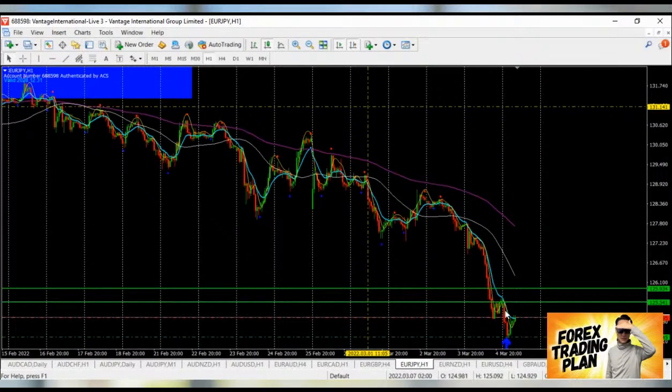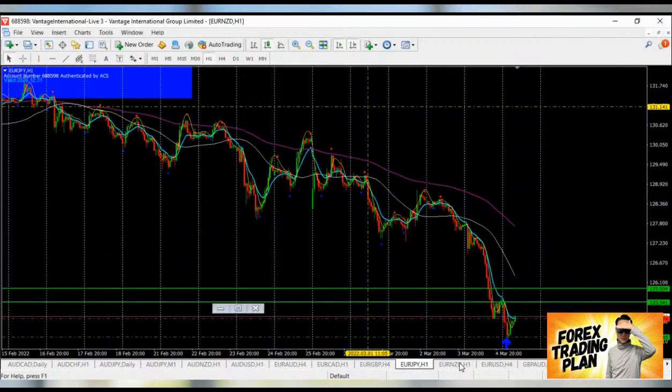If not, the next higher level before the bull zone is about 125.541, which will be another resistance level. So let's monitor this. Euro yen, I'm going to put this into my list. I have Euro Aussie and Euro yen with me, but for these two we need a lot of patience.